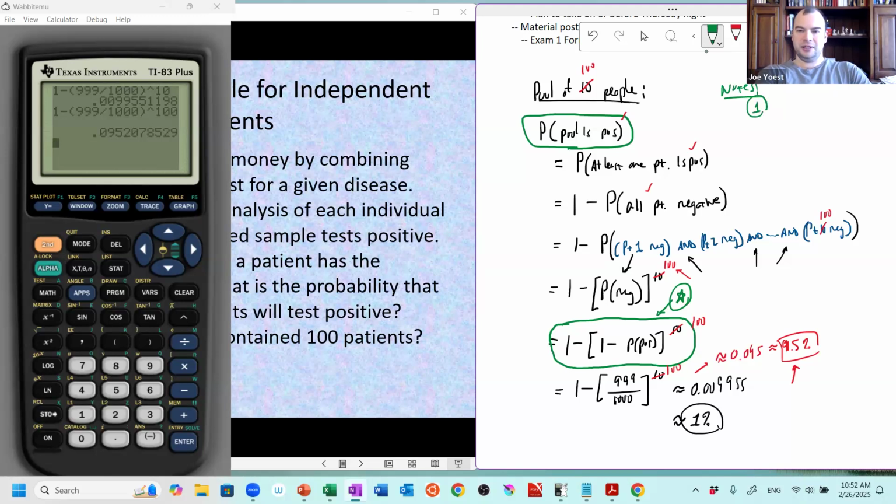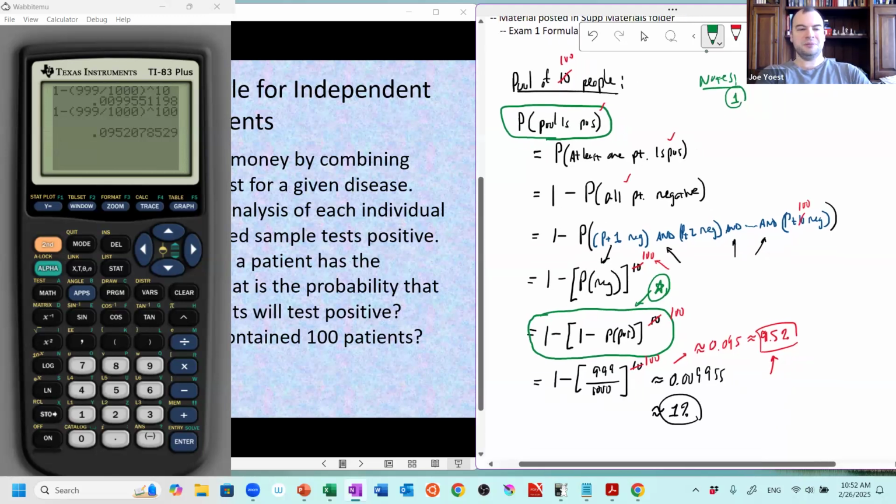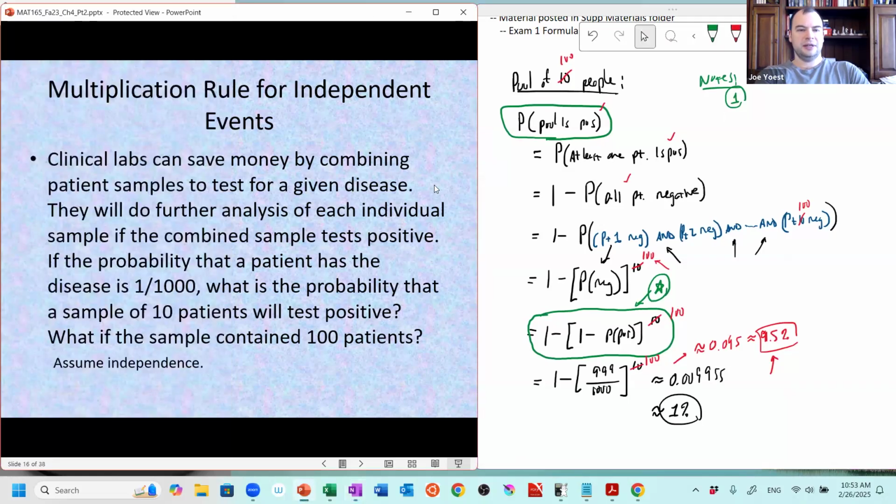One note is directly related to the probability we're discussing. I think most people, if they looked at this and were asked this question, their answer would be something like, well, I have 10 patients, let's say the pool of 10, each of which has a chance of 1 in 1,000 of being positive. So that should be 10 in 1,000, or 10 times 1 in 1,000.